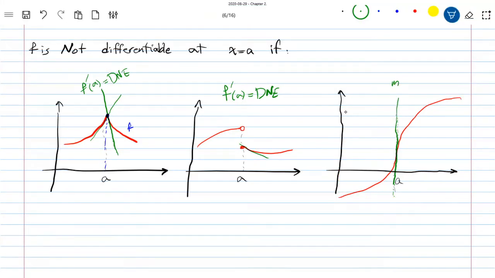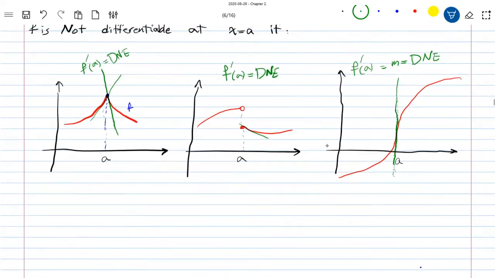And what do we know about the vertical line? We know that the slope does not exist because there is no change in x. The change in y divided by change in x, the denominator would be 0. So there is no slope. What is the slope of the tangent line? It is basically the f prime. So f prime would not exist if the tangent line is vertical. These are the three cases that through graphing you can see that the function is not differentiable at those points.